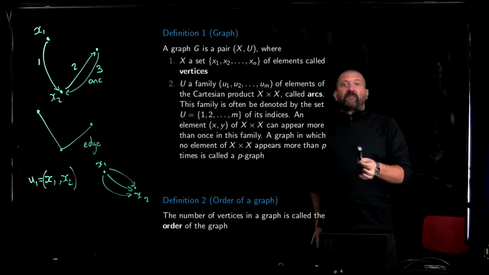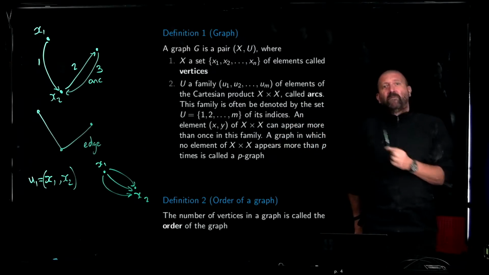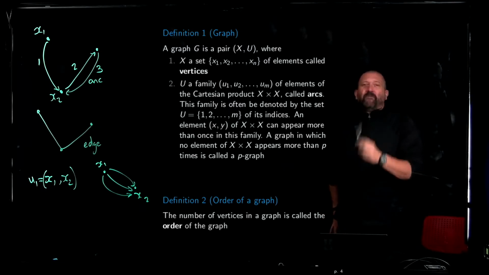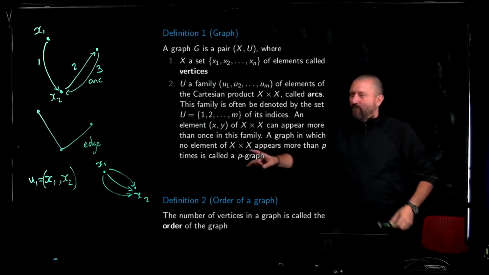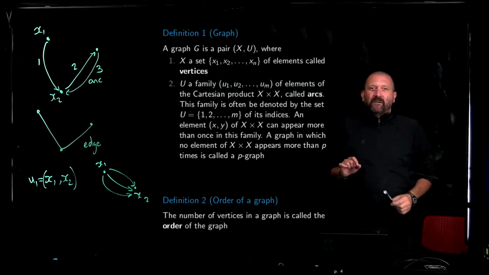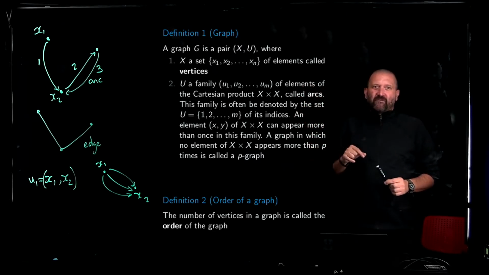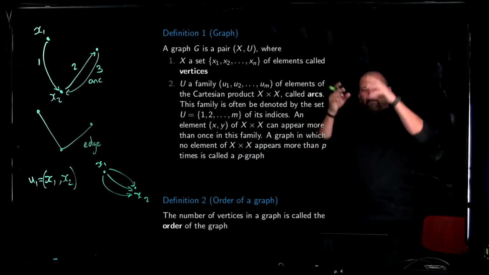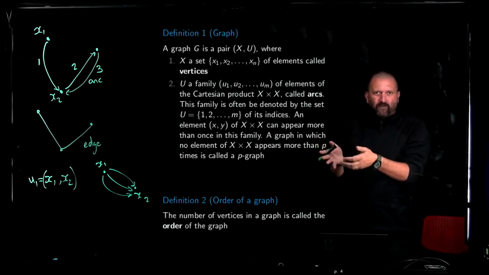A graph in which there's only one arrow from one point to another, one vertex to another, is what we, well, first of all, let's start with the general case. This would be what we would call a p-graph, because there are three arrows between x1 and x2. And we look at all the set of arrows, all the set of vertices, and we look at how many arrows there are between all pairs of vertices.